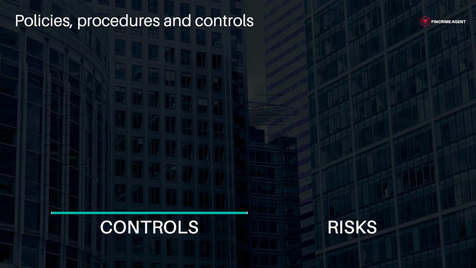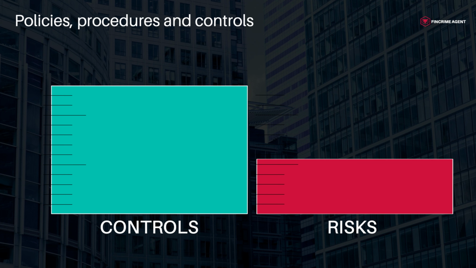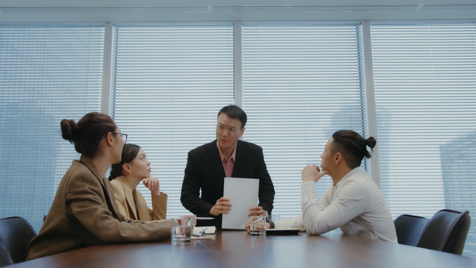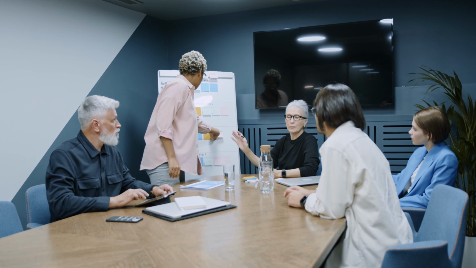To ensure the highest efficiency and effectiveness, controls must be aligned to the financial crime risks a firm is exposed to. Policies and procedures must be clearly written and easily accessible by staff. Also, they must outline the duties and responsibilities across all areas of the firm, including the board of directors, senior management, and other parts of the organization.